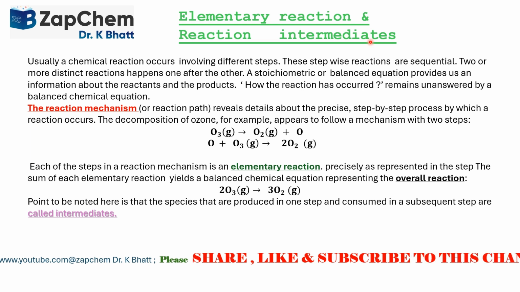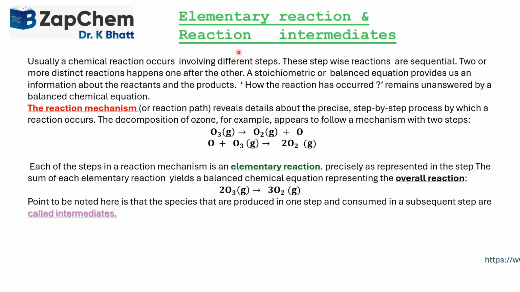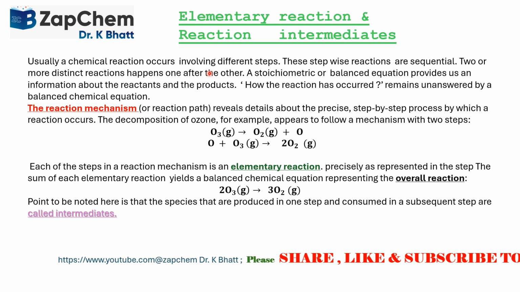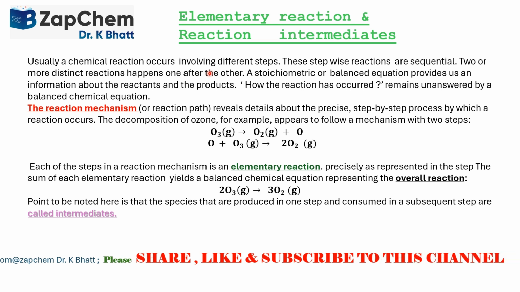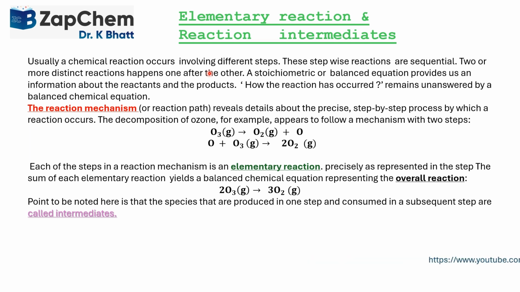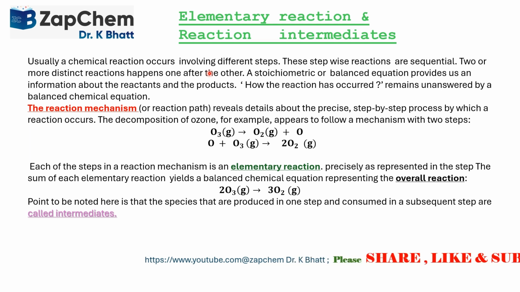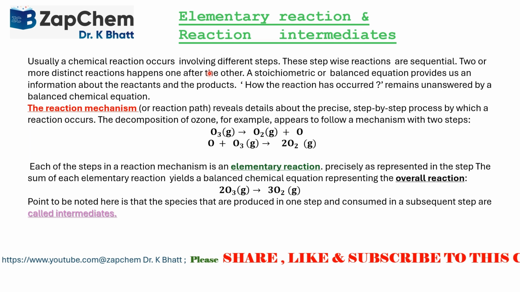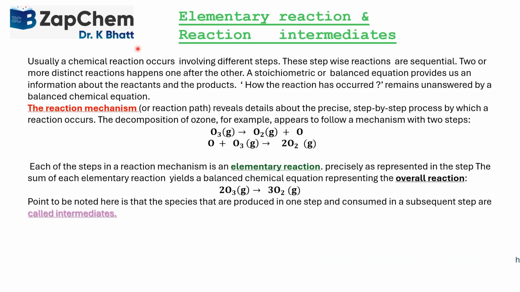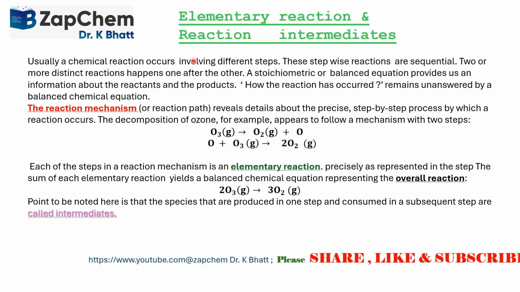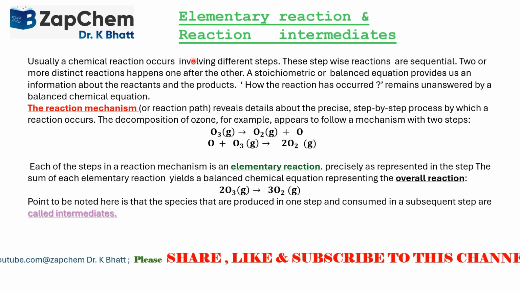Whenever a reaction occurs, it has two parts: the reacting parts, the reactants, and the products. We write a balanced chemical equation using their stoichiometry, and we get an idea about what is converted to what, meaning what reactants react together in terms of masses, molecular weights or moles, and what products are formed.